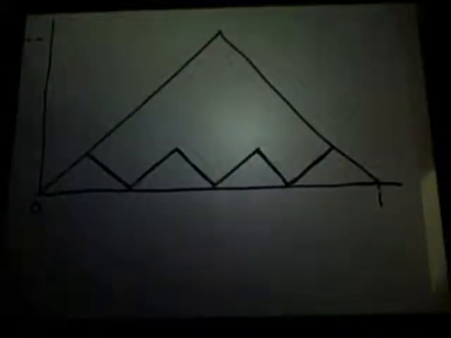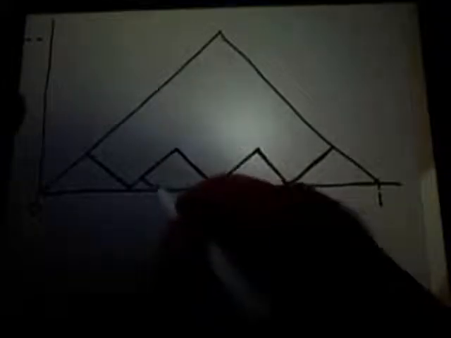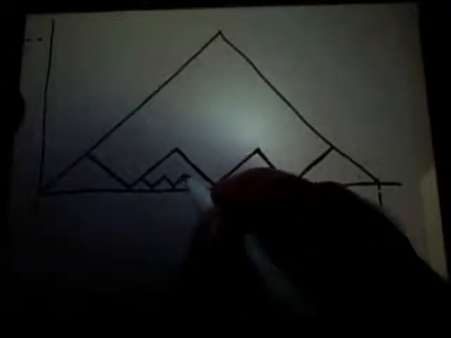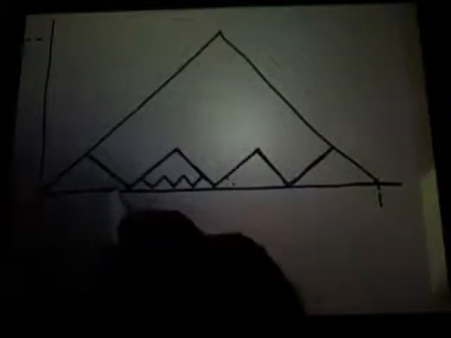So there's f_0 and f_1, and this is going to be just a piece of f_2. And of course it keeps going, and the whole thing goes all over the real axis as well.